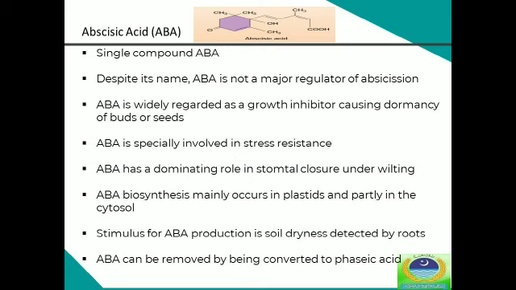Abscisic acid can be removed by being converted to phaseic acid, which has no hormonal activity. It is very important to regulate the concentrations of hormones within the plant because overproduction of hormones can sometimes cause damage.